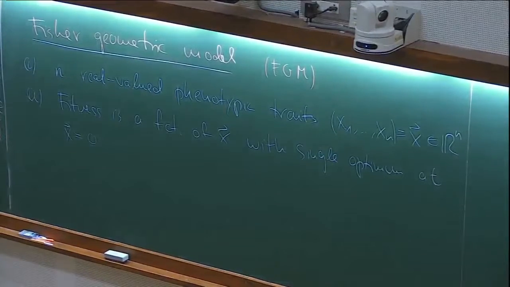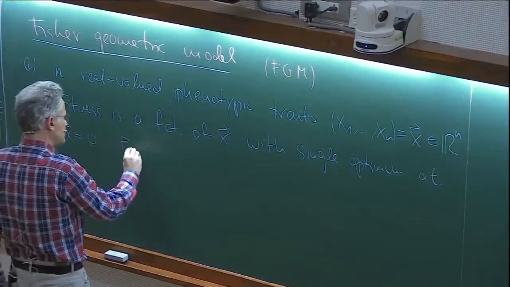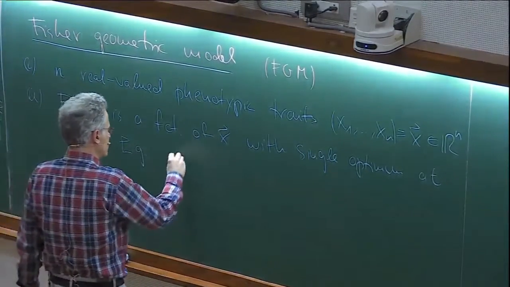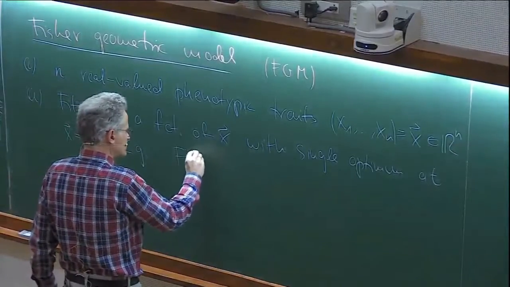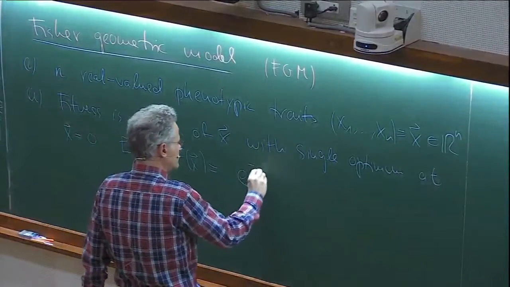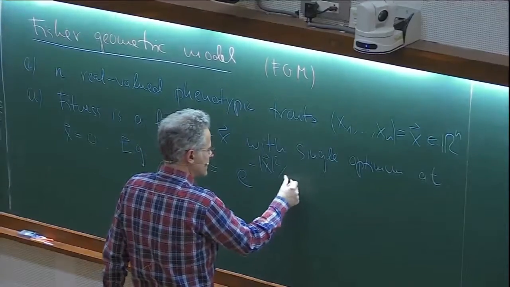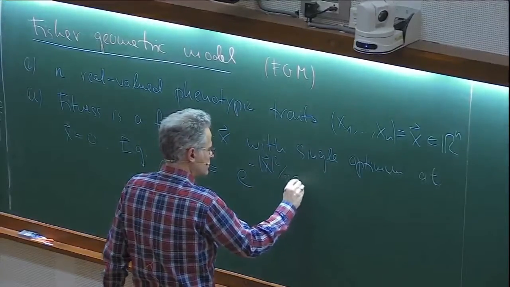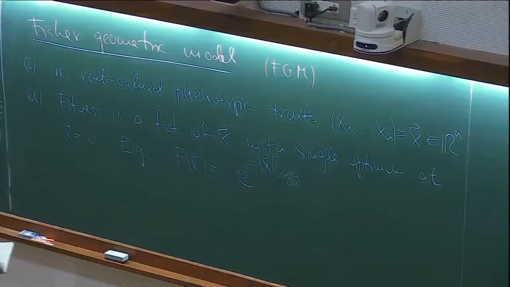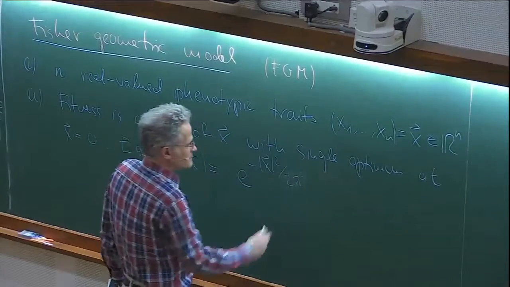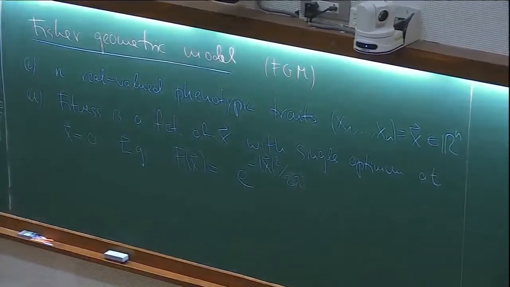It's not really important for what I'm going to talk about what this function looks like. But for example, something that is often used is a Gaussian function. You can write f as e to the minus x squared, maybe with some scale that I will call lambda squared, but this will actually not be very important, as you'll see.